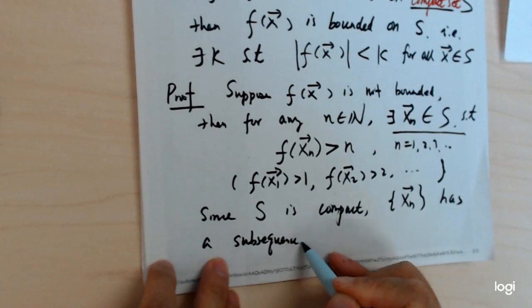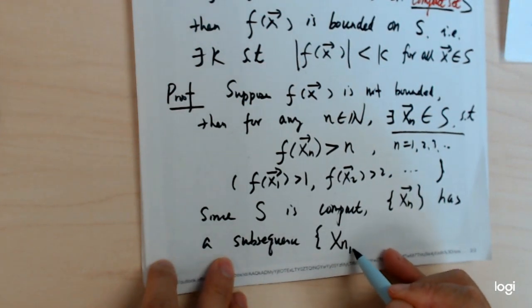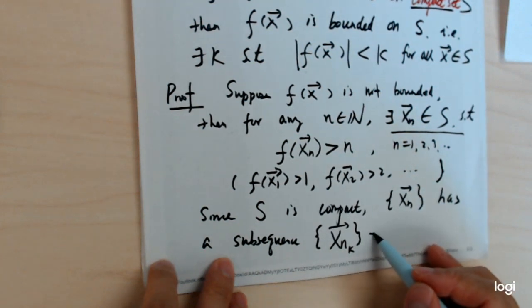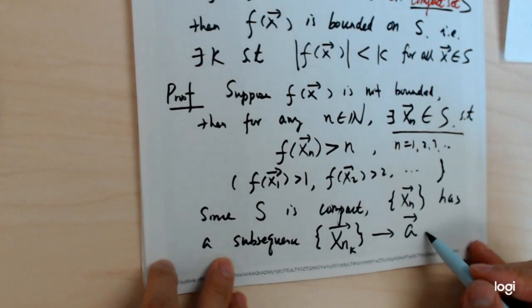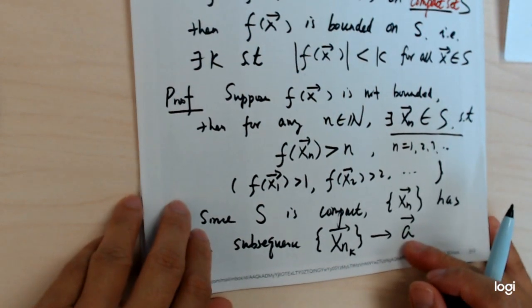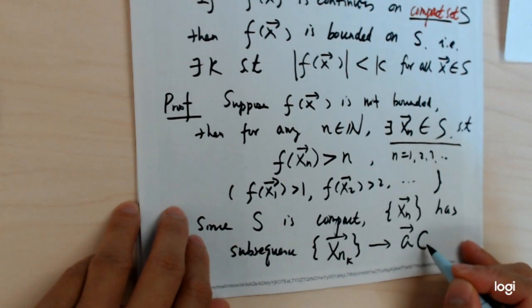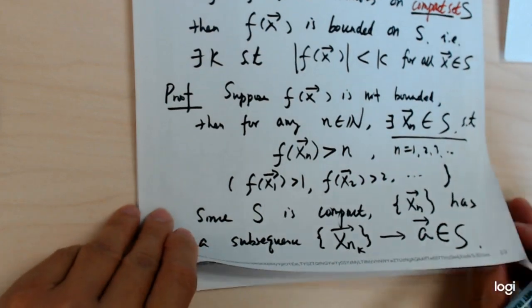Pick one out of it, denoted as usual. It has a subsequence that converges to A. But here's the key. This point A is not a random point. It has to be inside S. It has to be part of S. That's the key.